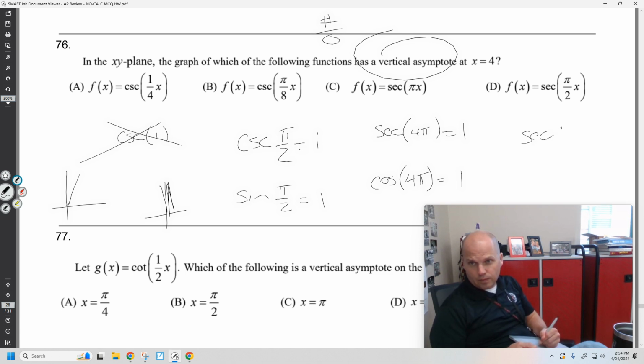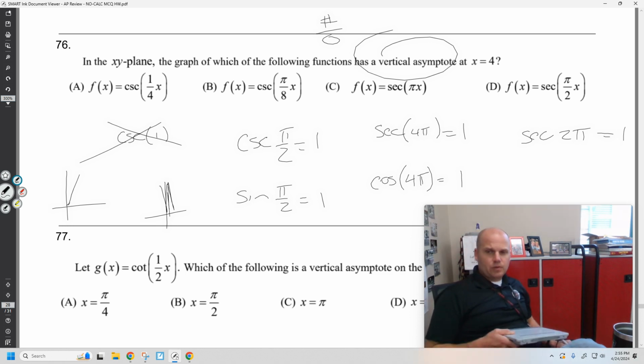Secant of 2 pi. What the heck? I think the one on the left is what we were looking for, but he screwed up. Secant of 2 pi is also 1, because it's the same as cosine of 4 pi. If this is pi over 2, I think that's what we're looking for.